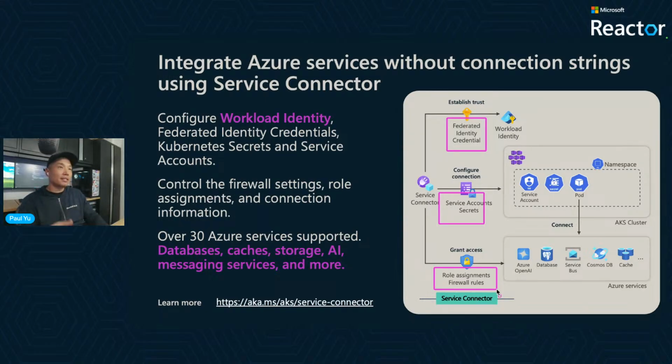You need a managed identity, a federated credential, create a service account in the Kubernetes cluster, and also grant that managed identity the proper role permissions, which is, I think last I counted, about 6 or 7 steps to complete. Service Connector takes care of all that for you. It does the magic behind the scenes that enables that.